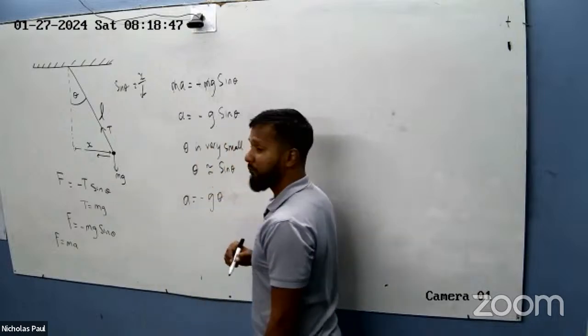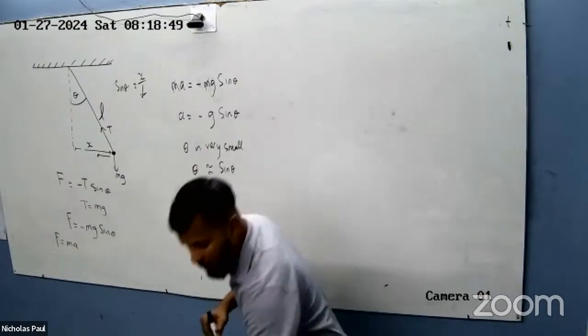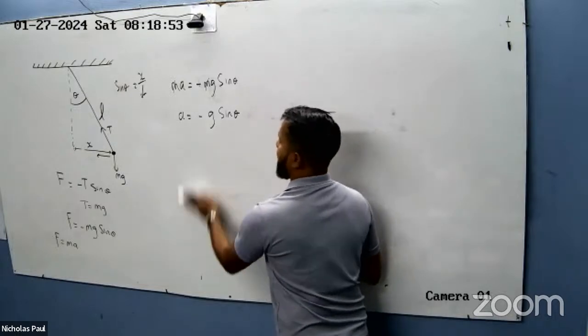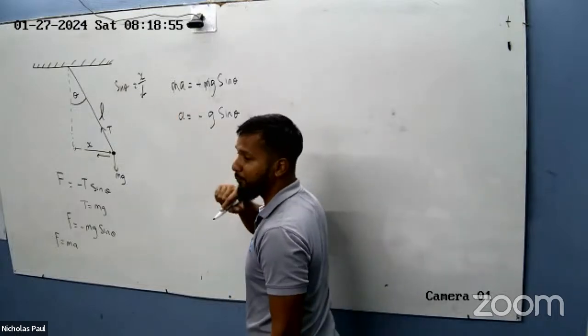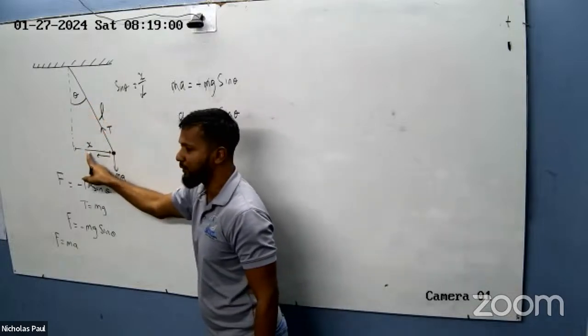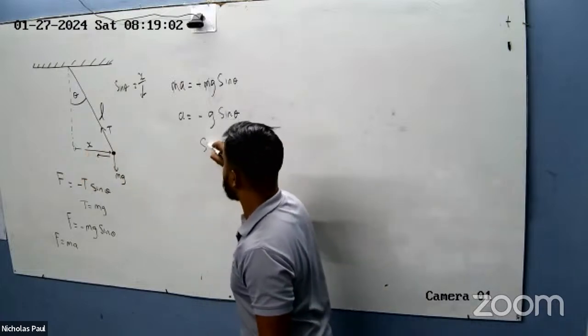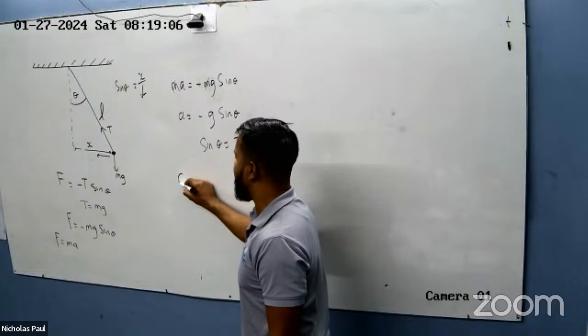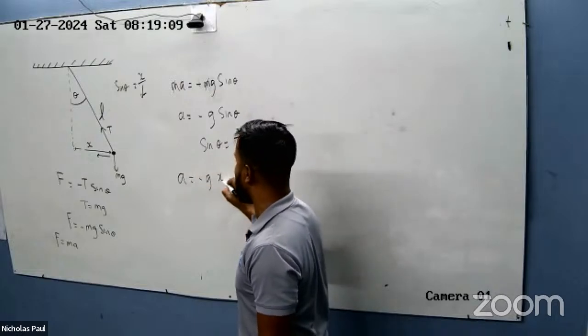From this triangle, sine theta is x on L. You end up with the same thing. So again, a is equal to minus g x on L.